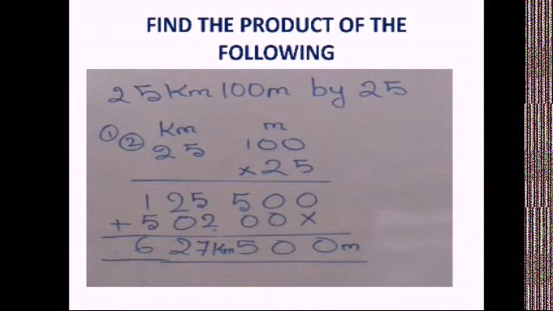Now the number 25 by which you are multiplying 25 kilometer and 100 meter, you can write below 100.